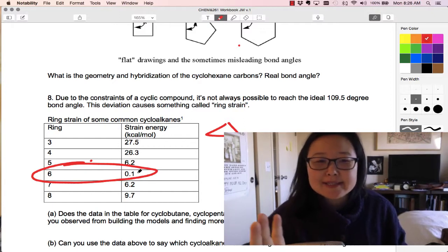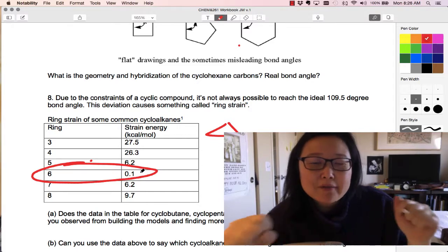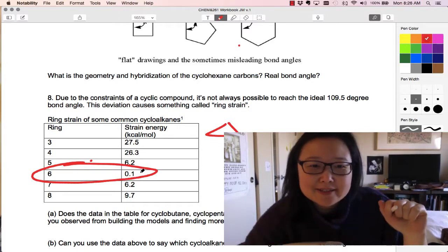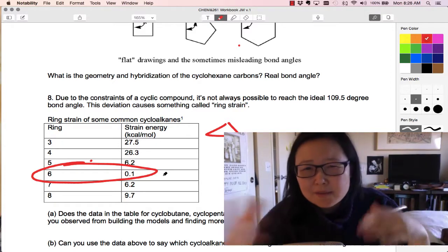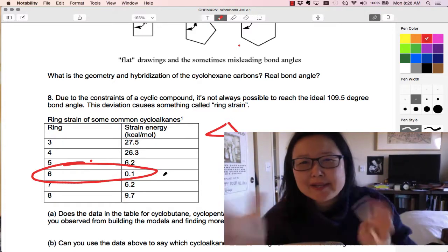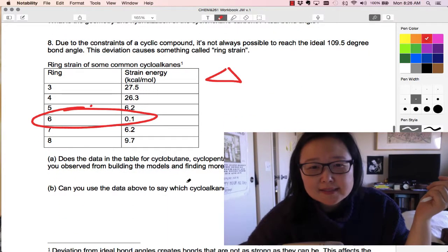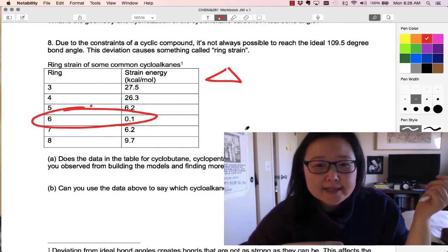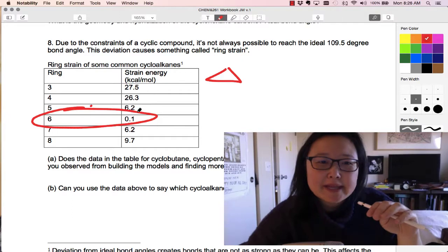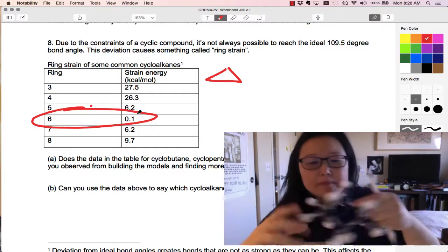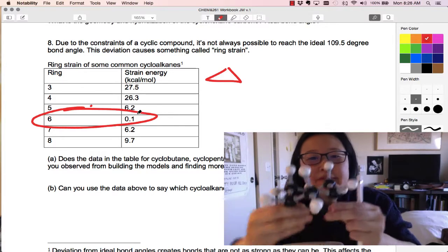That's really ideal. It's just the right size, not too big, not too small, to allow carbon to have its tetrahedral character. As you get bigger, you have more degrees of freedom, and the molecule can start folding on itself in ways that are not as favorable. Looking at these data, it makes sense with building the models, because cyclohexane can actually be completely staggered all the way around the ring.